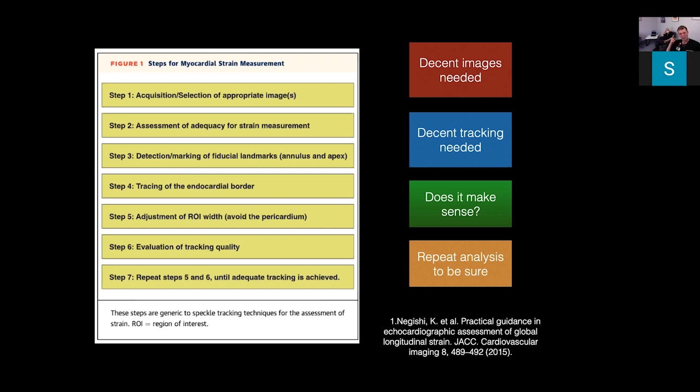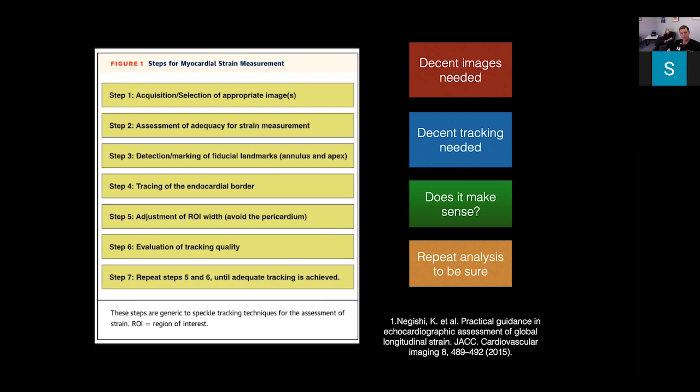If you think it looks okay and the function looks all right, but you've got curves that say that you've got severely abnormal strain or you've got dyskinetic segments, something's probably gone wrong with your speckle tracking. That's what I mean about you've got to be okay at looking at echoes to begin with, because you've got to make sure that what you're looking at matches up with your curves, all right?